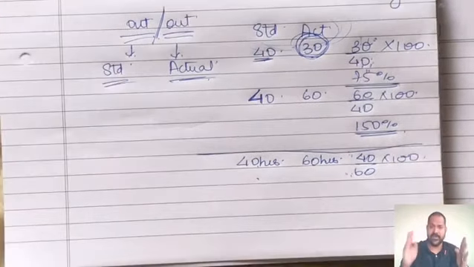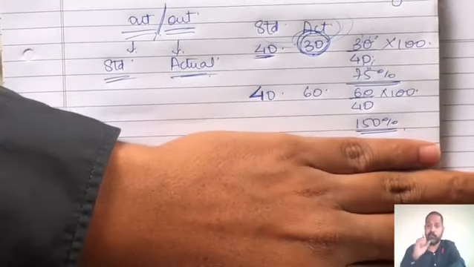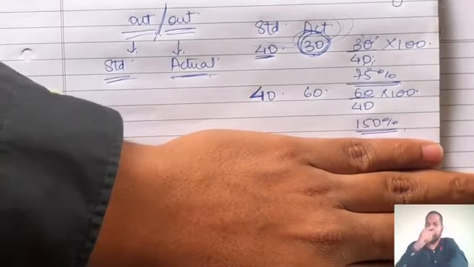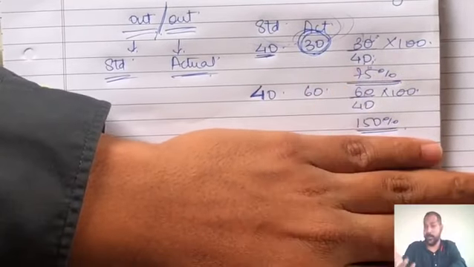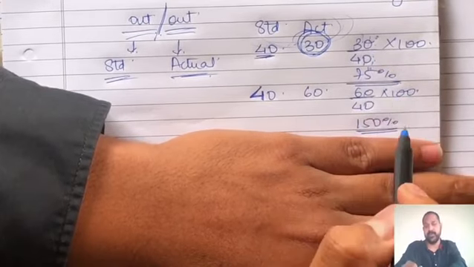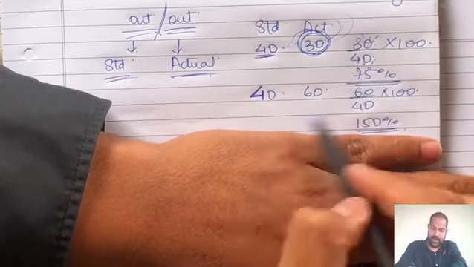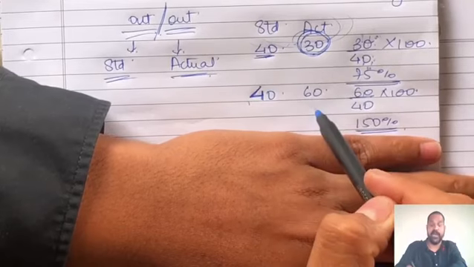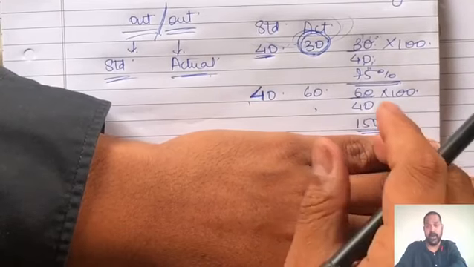And that is why always remember one thing. In terms of number of units, standard is 40, I am making 30, I am bad. If I am bad, less than 100, numerator is smaller than the denominator. Number of units, standard is 40, actual is 60. Am I good or am I bad? I am very good.